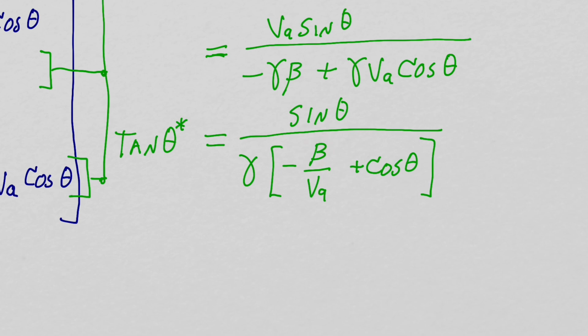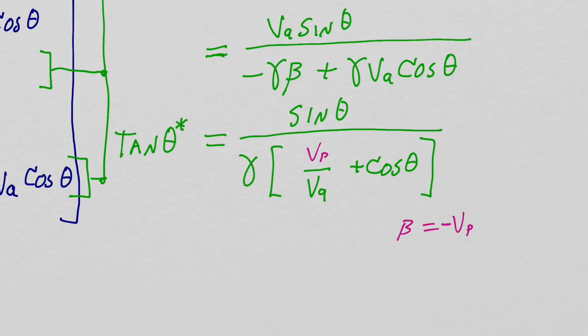But now we have to remember that beta is equal to the velocity of the parent particle with a minus sign. Because remember, the boost goes from right to left, and we're defining positive as left to right. So beta is going to be minus v of the parent particle. So this could actually be v parent over v child plus cosine theta.